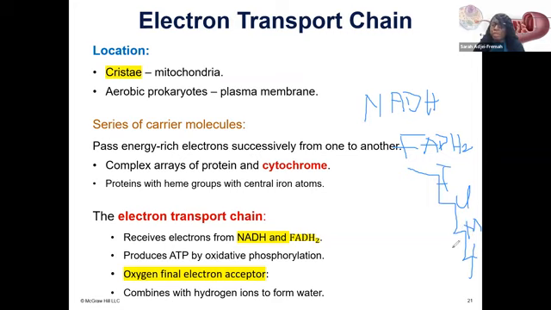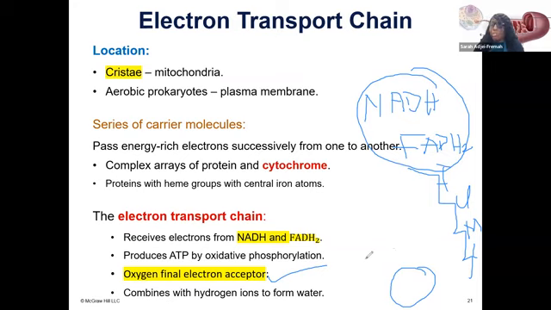These electron carriers pass all the electrons collected from NADH and FADH2 and pass it to the final electron acceptor, which is oxygen. So think about why we are all breathing in oxygen. That oxygen is really essential in the metabolic process as it breaks down glucose in cellular respiration, because it is going to be the final electron acceptor to collect all the electron energy from NADH and FADH2.